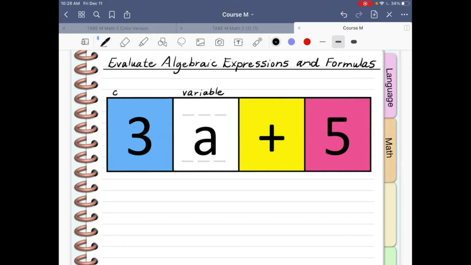If that's the variable, this is its coefficient because that's what's being multiplied by the variable. There's the plus sign. This 5 is a constant. This is the operator, the plus sign. So this thing is an expression with two terms.